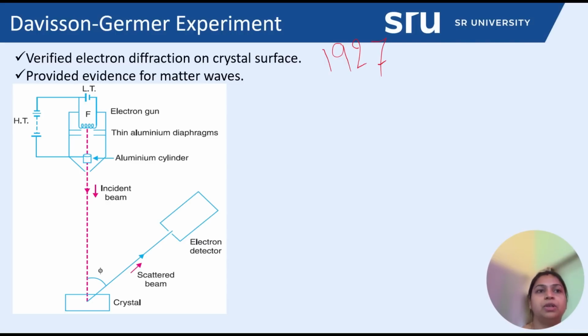Basically, in this experiment, Davisson and Germer set out to verify electron diffraction on a crystal and probe the evidence for matter waves.